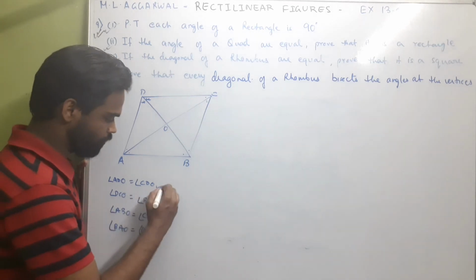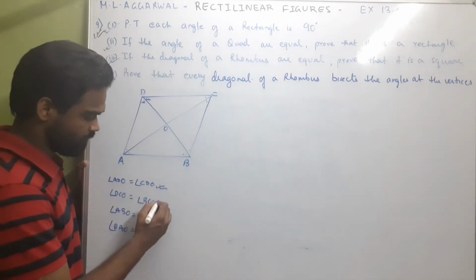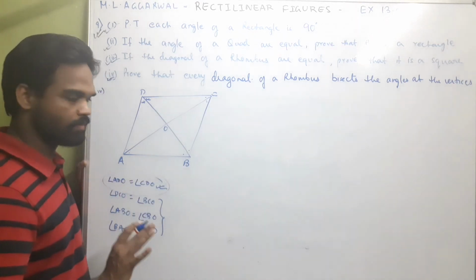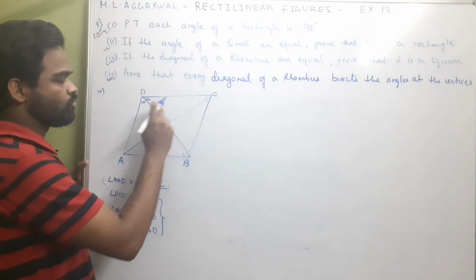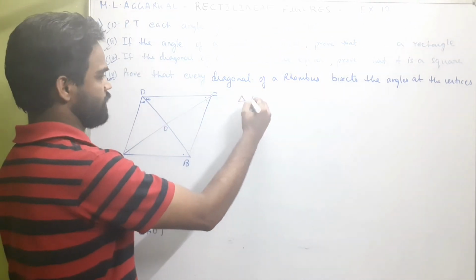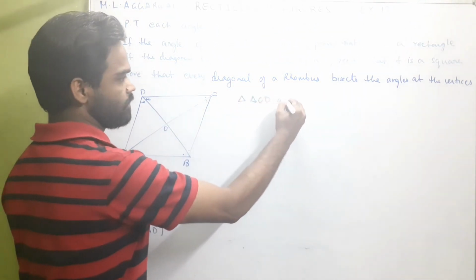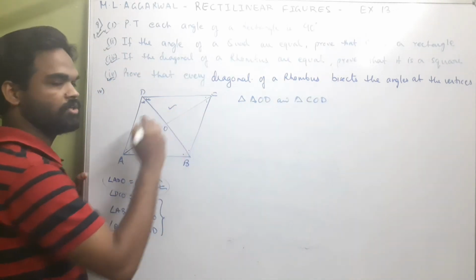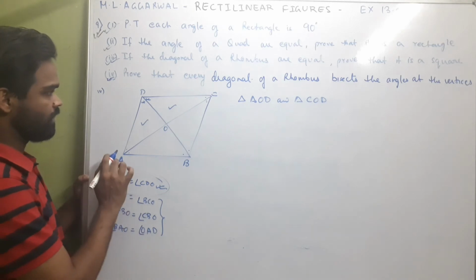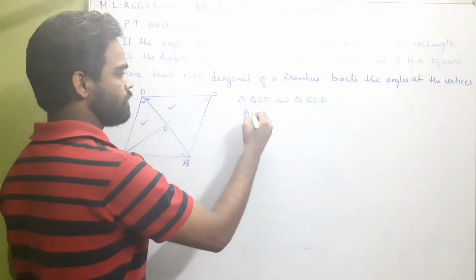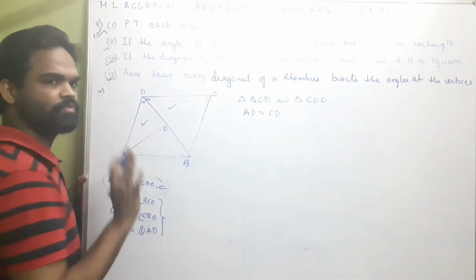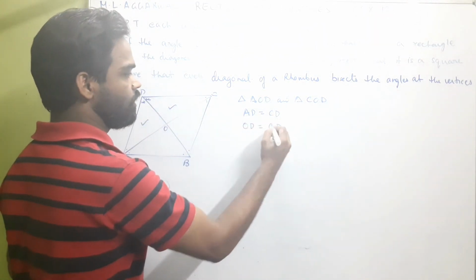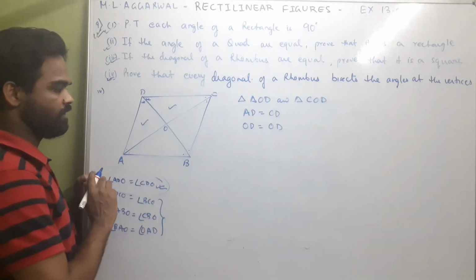What we'll do? We'll prove the first one. The rest of the three are similar to the first one. Just look. Take these two triangles, triangle AOD and triangle COD. First of all, AD is equal to CD, sides of the rhombus. OD is equal to OD, common side.